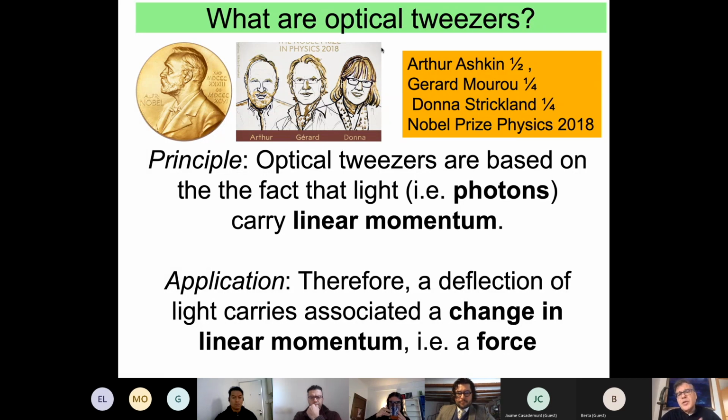This was shared with other people. He got half of the prize in 2018 and the other half was shared between Gerard Mourou and Donna Strickland, for applications of lasers in solid-state physics, in the very high power regime.